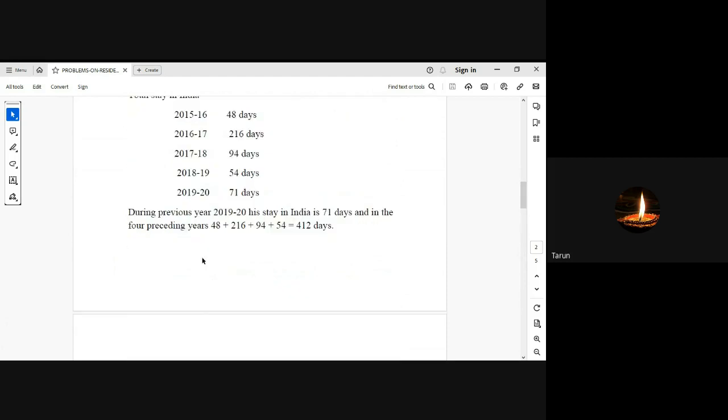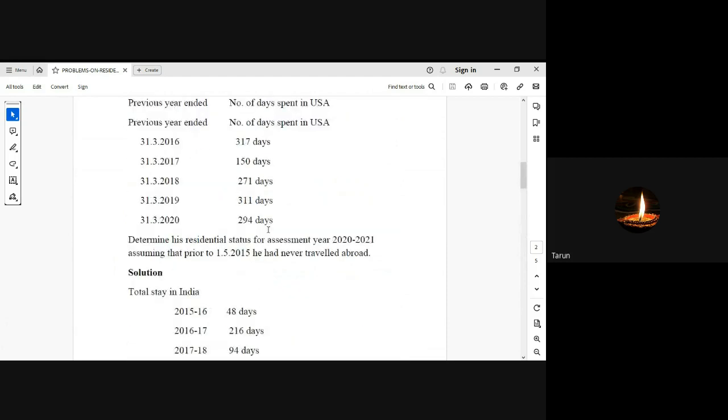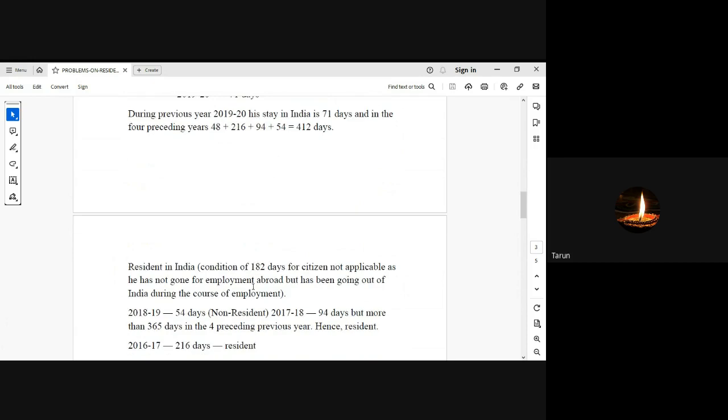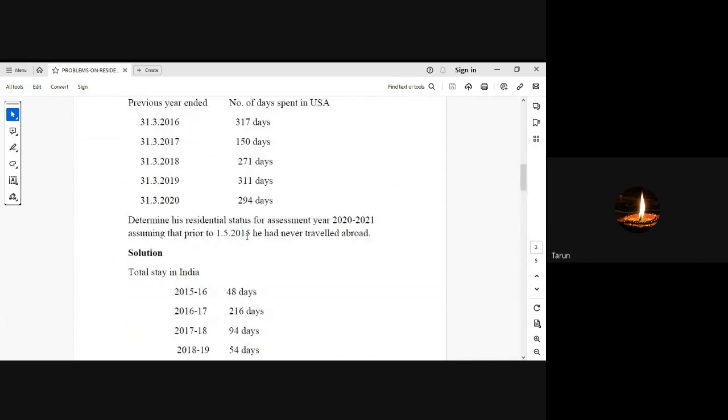And how to estimate the number of days? Obviously in 1 year there are 365 days, so the total number of days a person has spent abroad in that particular year, you can deduct from 365, and you will get the total number of days that he or she has stayed in India in the respective years, according to the question. So, if we talk about 2015, he had never traveled abroad.